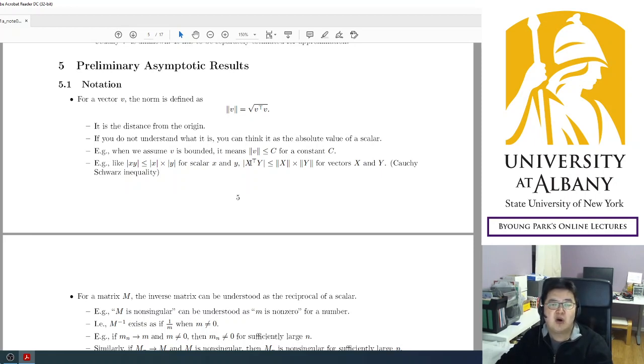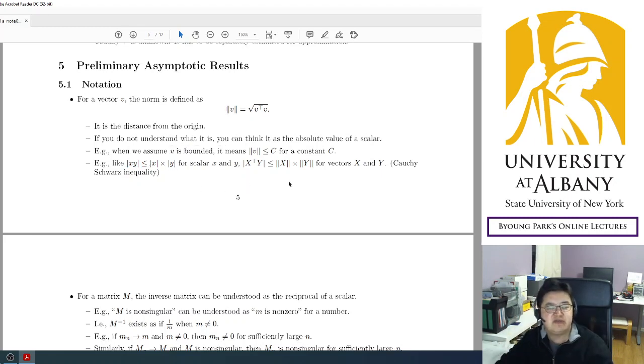A very common inequality you need is the Cauchy-Schwarz inequality, which will be applied in many places. You can interpret it in terms of covariance and variances.